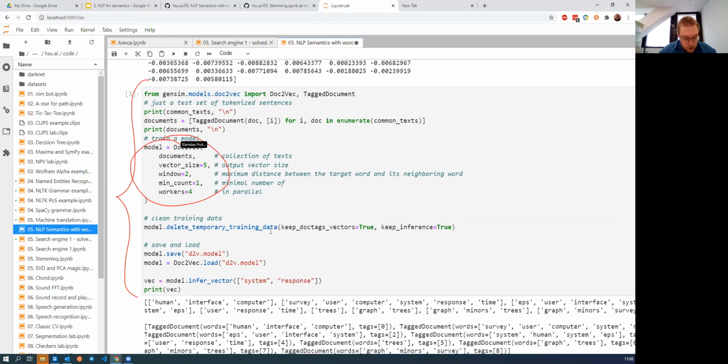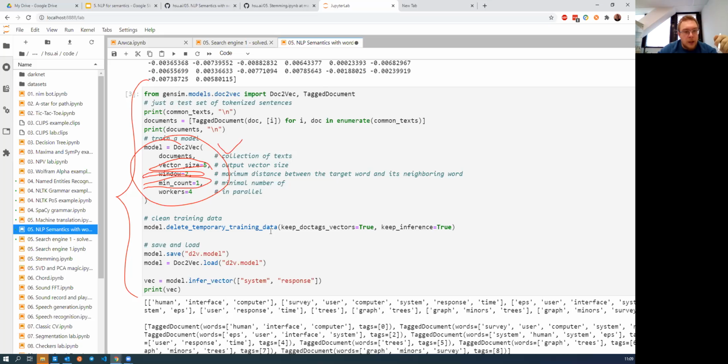You see that here is the collection of documents and the vector size. You remember this is the internal, hidden layer size. Window size is the distance between the target word and the context, so it means that a 5-word context is taken: 1 plus 2 plus 2. Min count is the answer to the out of vocabulary problem.